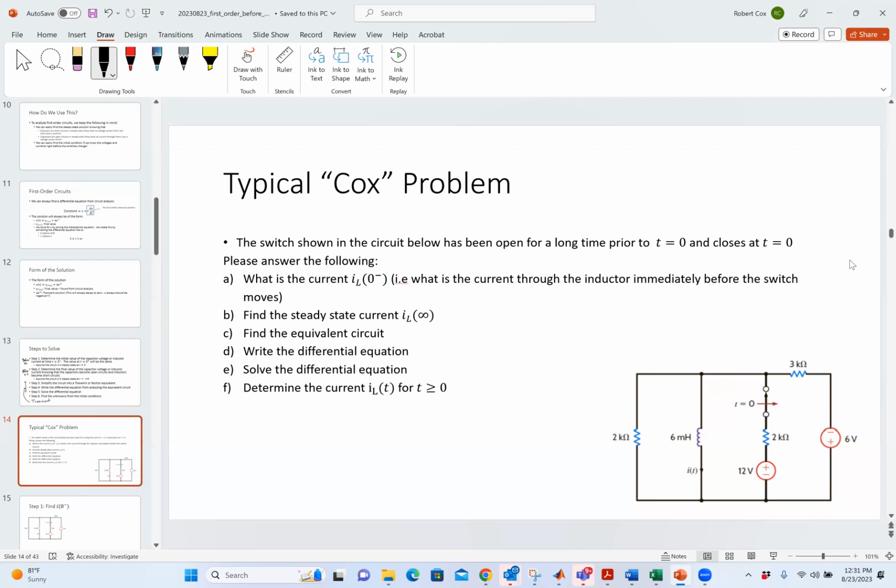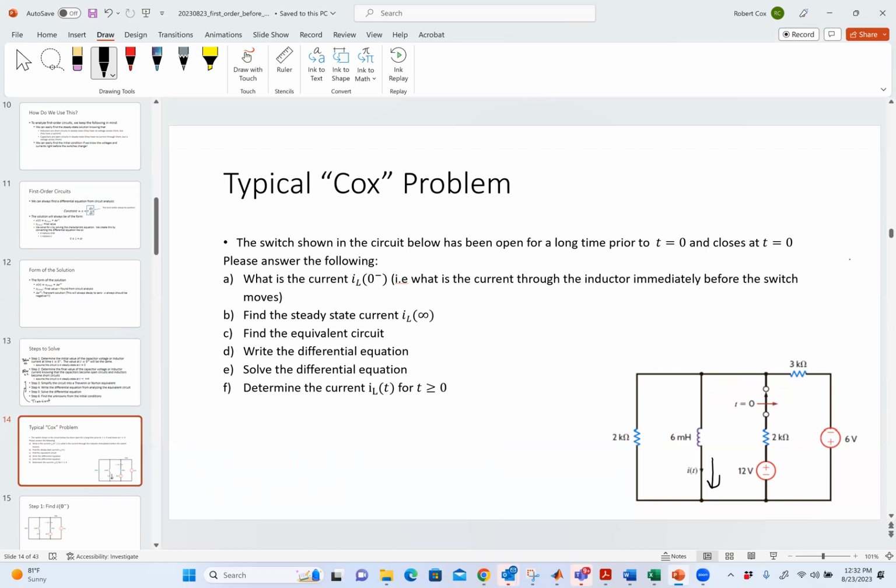So I want to figure out the current here, and that current has been defined to be going that direction, going down. Okay. So we're going to go through those 6 steps. Part A is my step 1, part B is my step 2, and so on. Okay. So we're going to go through that process.